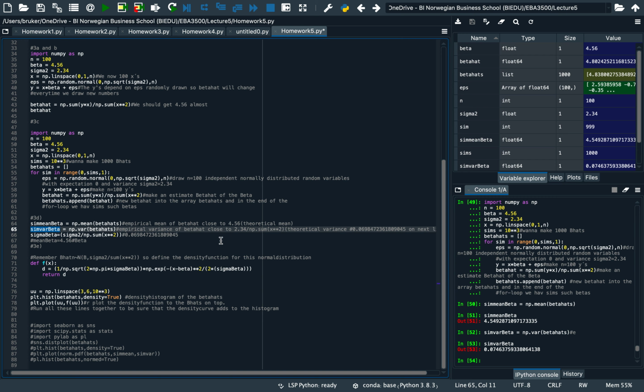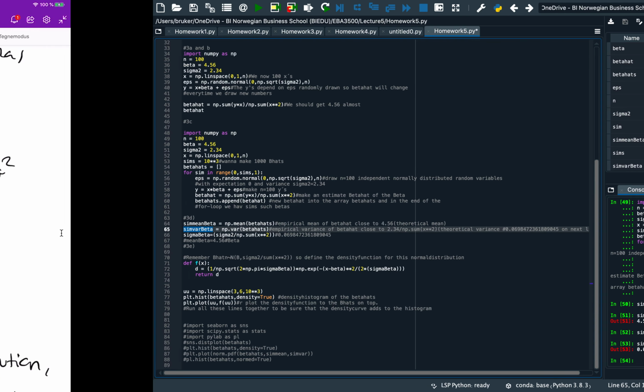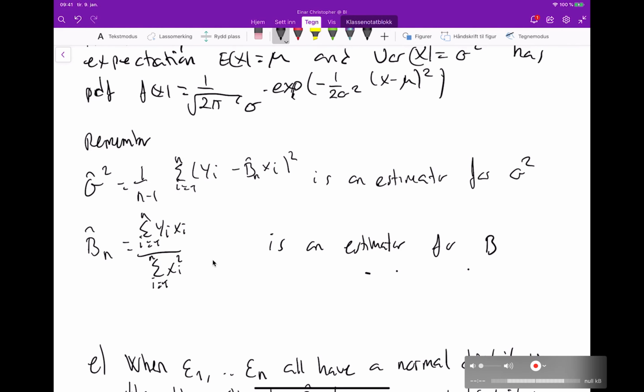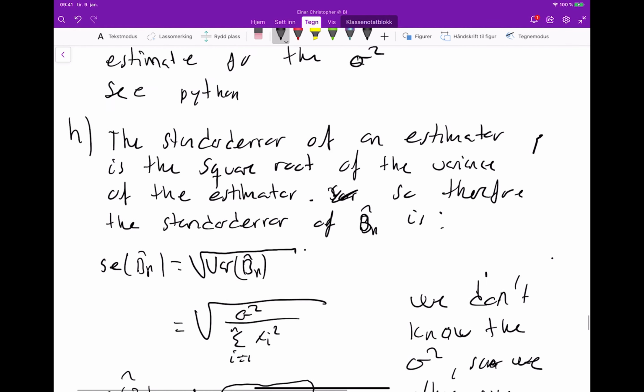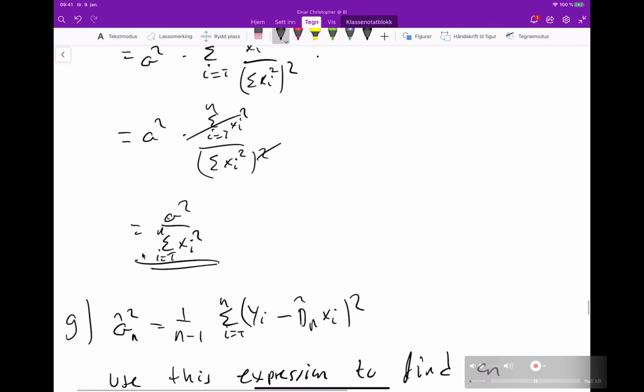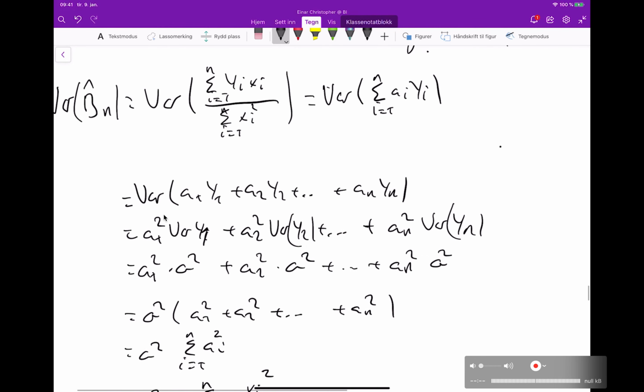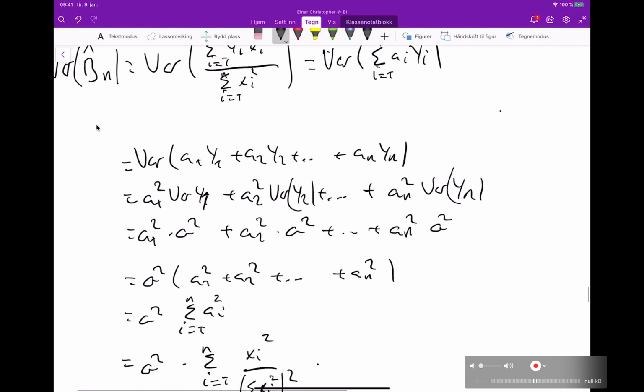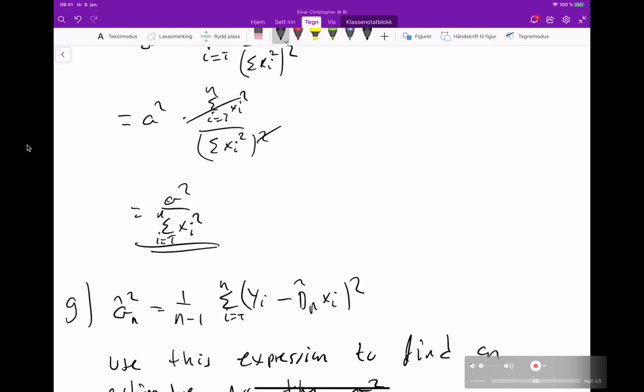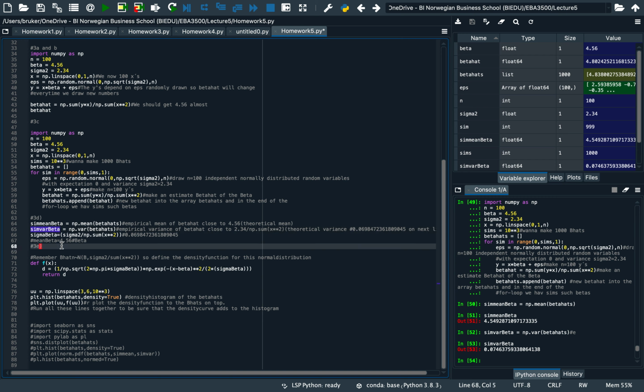And the theoretical variance for beta, remember, let's find it. It's somewhere here. This is the theoretical variance, variance of beta n hat. We did that in F. Here is the theoretical variance. So let's calculate it. So here I calculate the real sigma beta. That is 2.34 divided by the sum of the x to the power of 2.